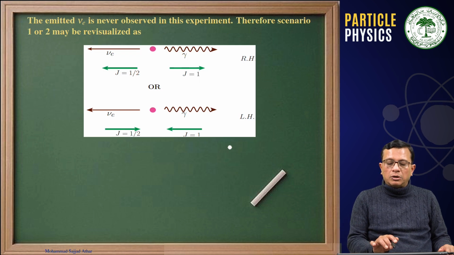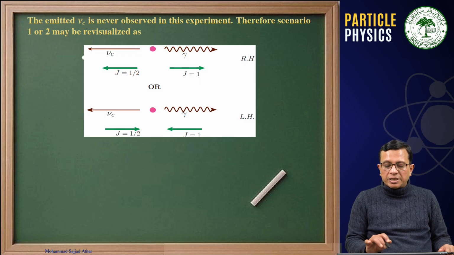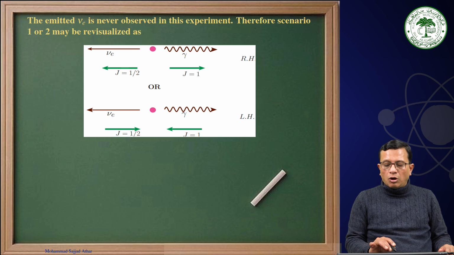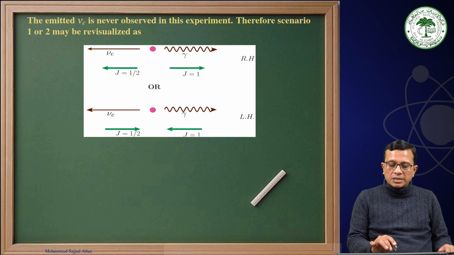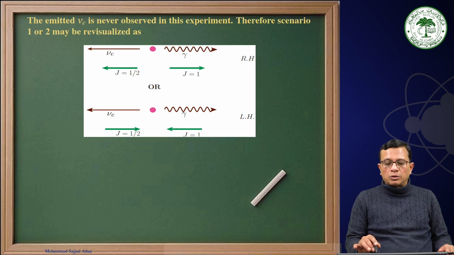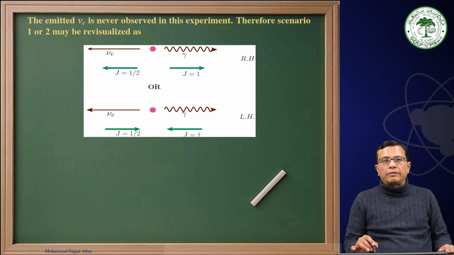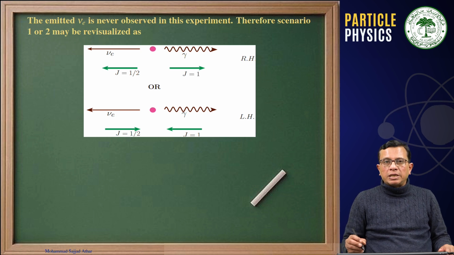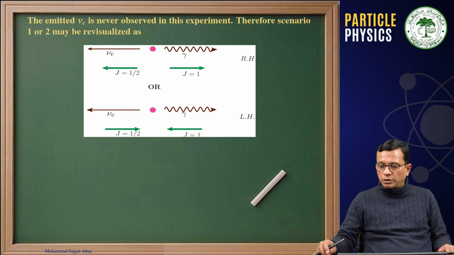Therefore, we have the scenario where neutrinos and photons are getting emitted in opposite directions, and to conserve angular momentum, the neutrino can be either right-handed or left-handed. If the neutrino is right-handed, the photon is also right-handed. If the neutrino is left-handed, then the photon is also left-handed. And there is no third choice. That is why, if we are measuring the polarization of the photon, from there we will infer the helicity of the neutrinos.